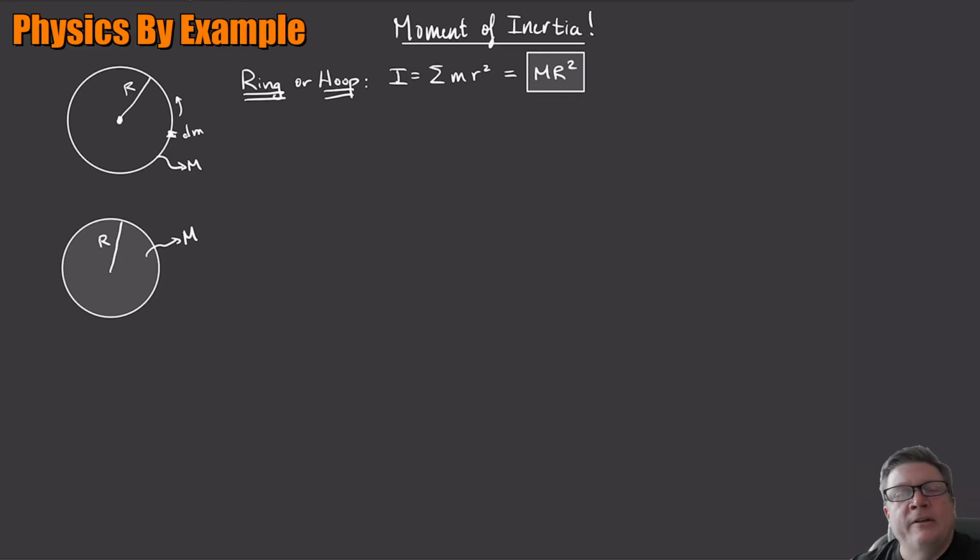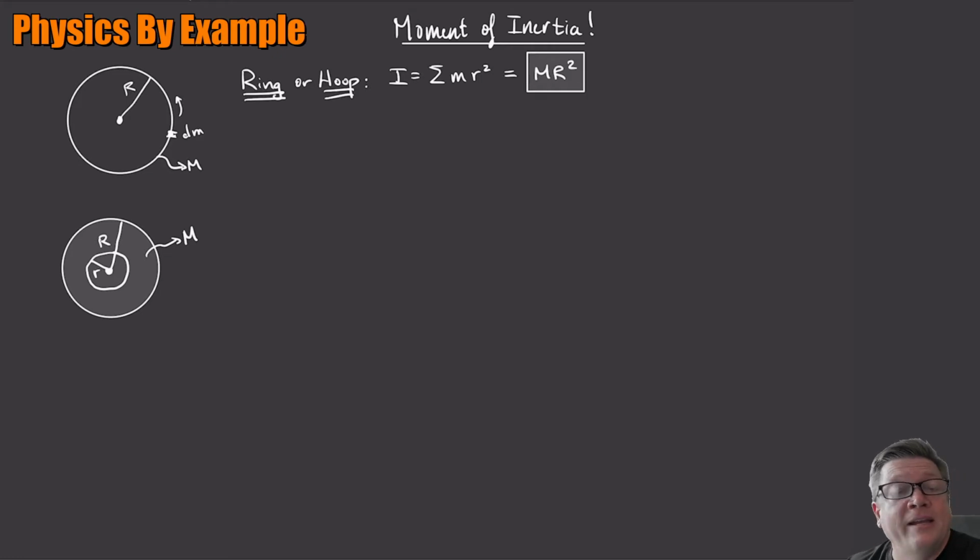Well, since we've already done the ring, let's see if we can be clever. What do we add together? Maybe we can add together a whole bunch of little masses to sweep out the disk. Since we've already done the rings, let's add up a whole bunch of little rings from the center all the way out to the edge.